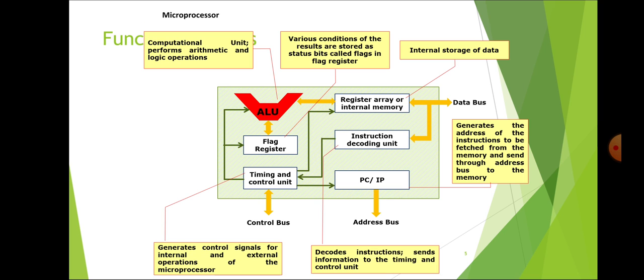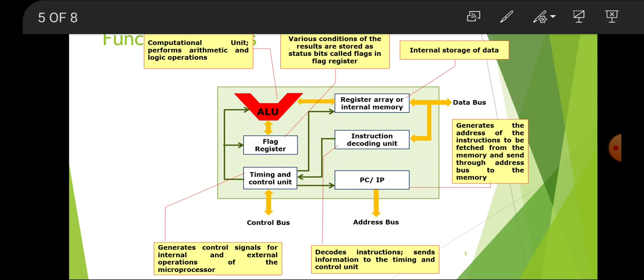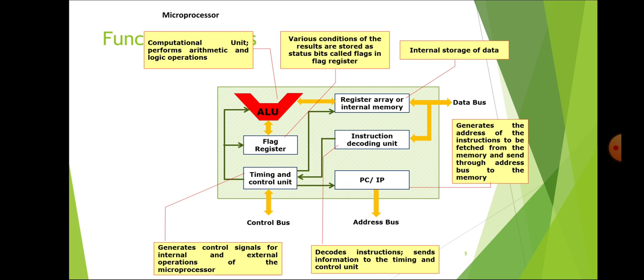I am going to take a special lecture on these buses of this block diagram, or how the internal structures are connected to each other through the different buses, and why there are different buses, why all buses are not the same. Because there are a few data buses, few control buses, few address buses. Okay, so we are going to take a special lecture on this.